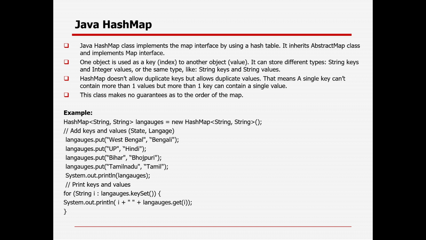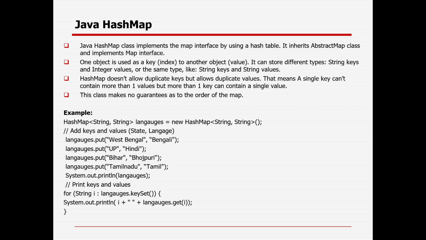So that is the way you can deal with the HashMap. Java HashMap class implements the Map interface by using a hash table. It inherits AbstractMap class and implements the Map interface. One object is used as the key, which is the index, to another object which is called the value.